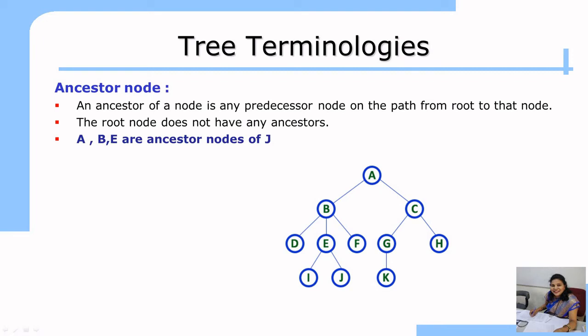Whatever nodes you pass through to reach the root node are the ancestor nodes of J. So from J to A, the ancestor nodes are E, B and A. Similarly, ancestor nodes of K are A, C and G.